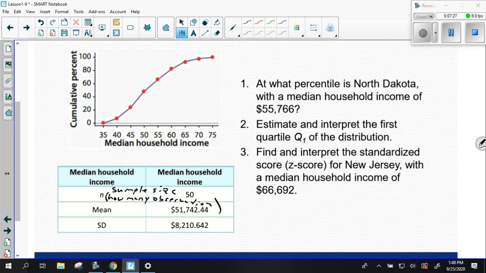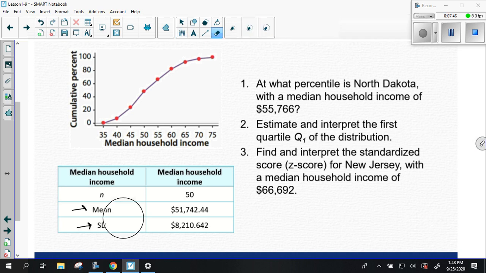That's what N is. We've got that information, 50, because there are 50 states. And then more importantly, we know our mean and our standard deviation. That'll help us to calculate a z-score here in a little bit.